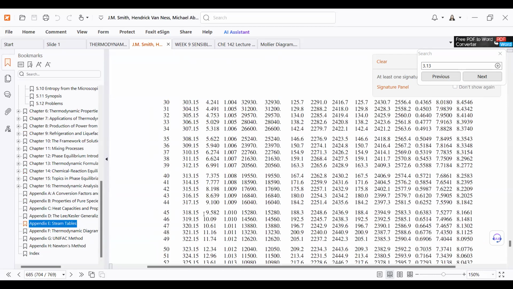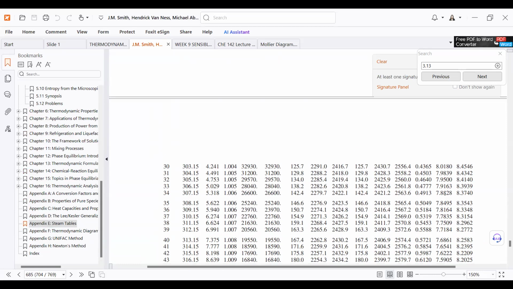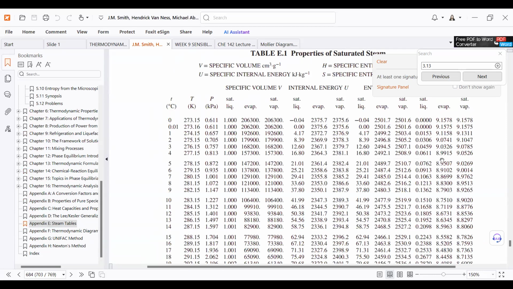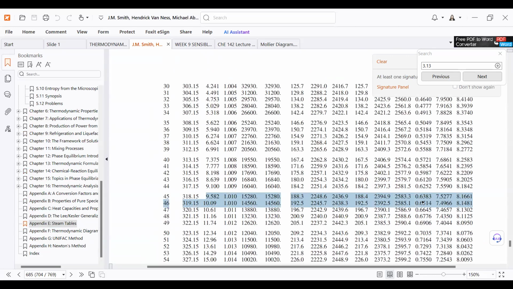So about here, what is the entropy? Entropy is the last column. The entropy of a liquid is 0.6, while the entropy of a vapor is 8 point something, right?